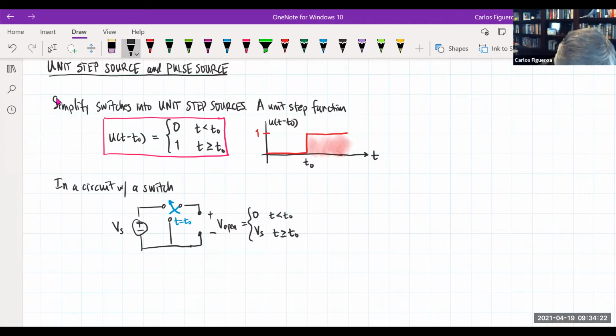Now the equivalent of this, as far as a step source is concerned, is going to look something like this. We're going to say that we have a source. And when does this source turn on? At t equal to t naught.